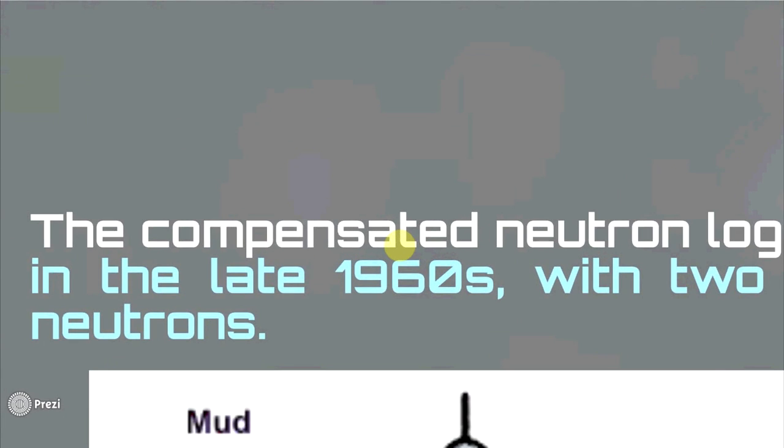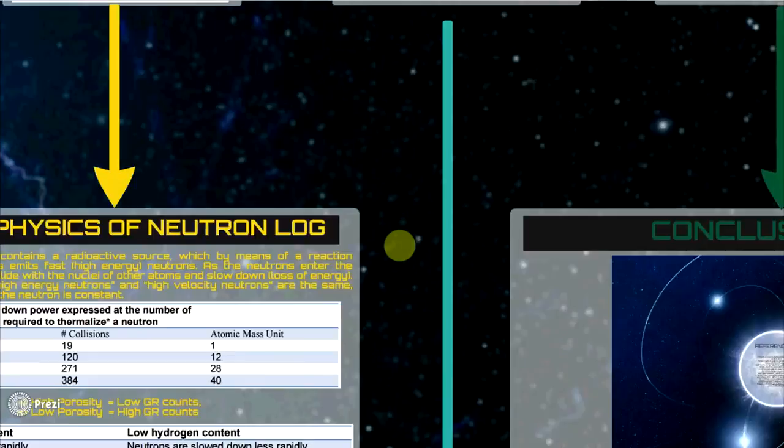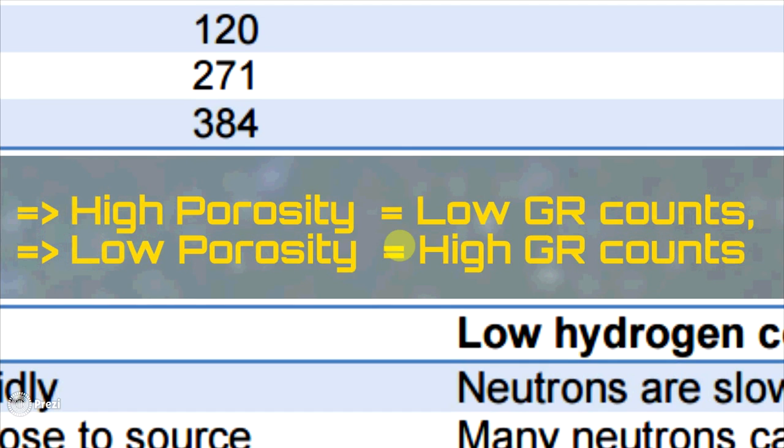It means the compensated neutron log, briefly CNL. And the last question: what is the connection between porosity and gamma ray? As you see, if you have high porosity, the value of gamma ray counts is low, and if you have low porosity, the value of gamma ray counts is high.